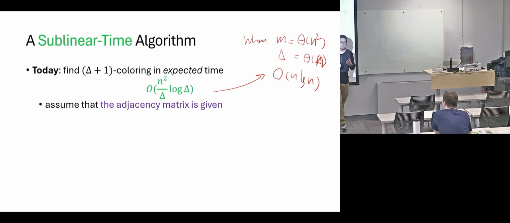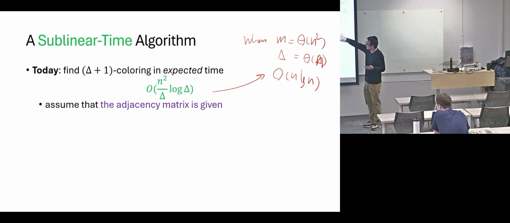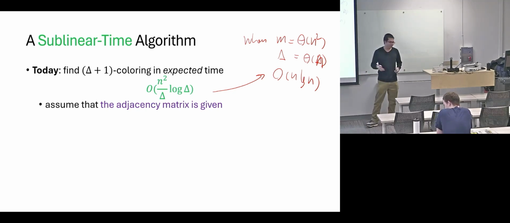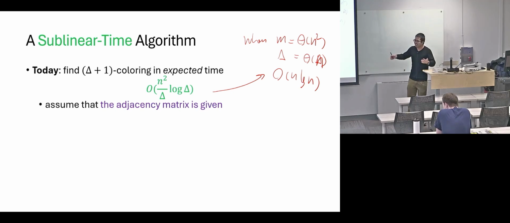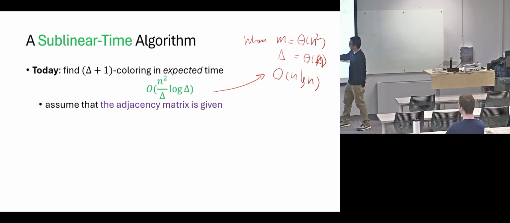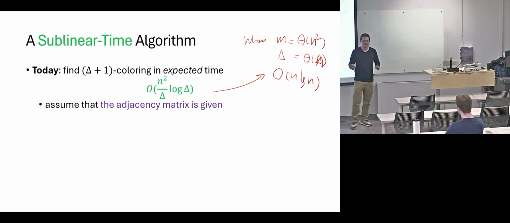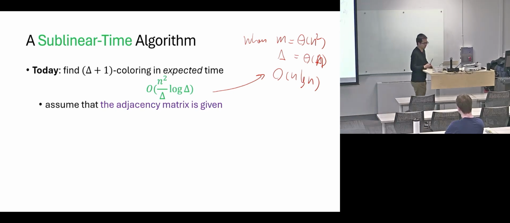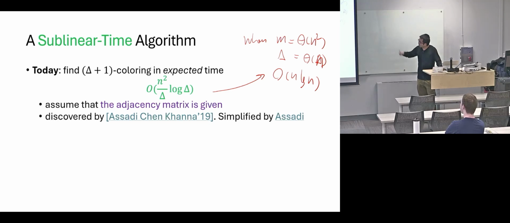I need to assume some representation of the input, because right now I do something without even reading the input, right? If I don't promise any representation of the input, I need to spend linear time to read the input, so you cannot hope for sublinear time. But assuming an adjacency matrix is really weak, and you can assume this many times. Yeah, and this was discovered just 6 years ago. And we'll see what it is today.